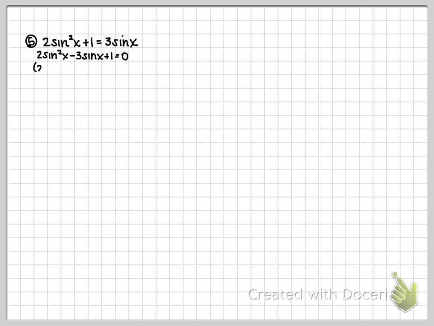Again, like in the previous section, if you don't see the factorization with the trig itself, you can always do U-substitution with this. So I know that to get the 2 sine squared, I'm going to need a 2 sine x and a sine x. In order to get the 1, I'm going to need 1's here.